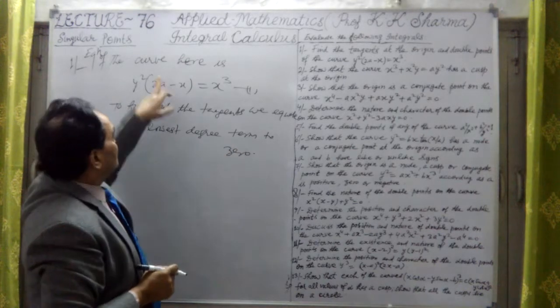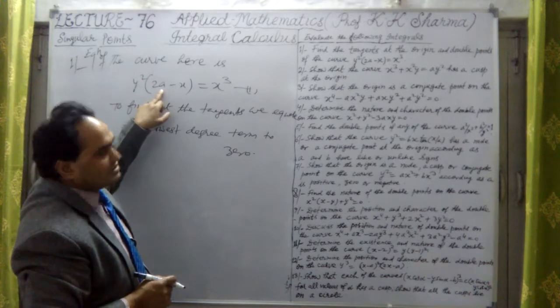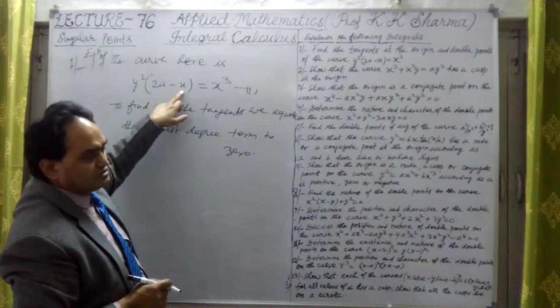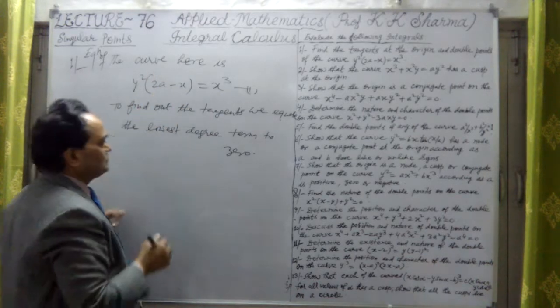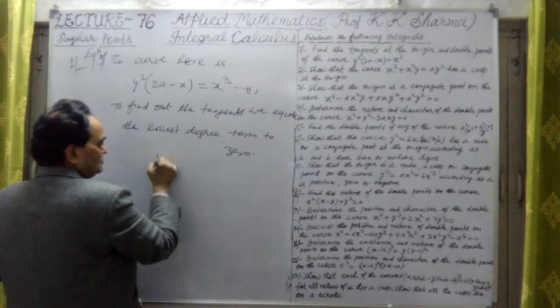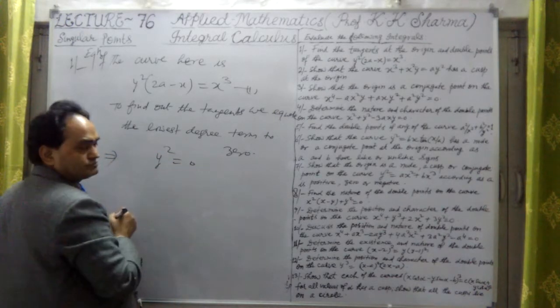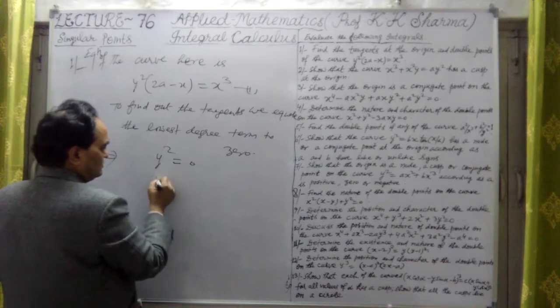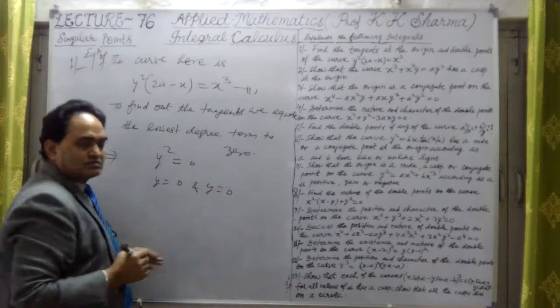What do we get here? This is the lowest degree term, because y square into twice a is of lower degree, while y square into x has two variables, so it is of power 3. The lowest term is only y square equal to 0. So this implies y square equal to 0, or y equal to 0 and y equal to 0, so 2 points are there.